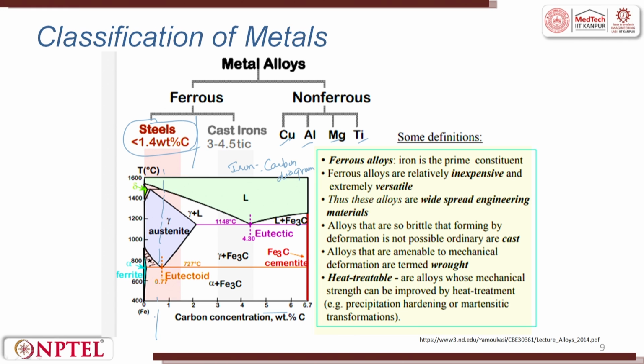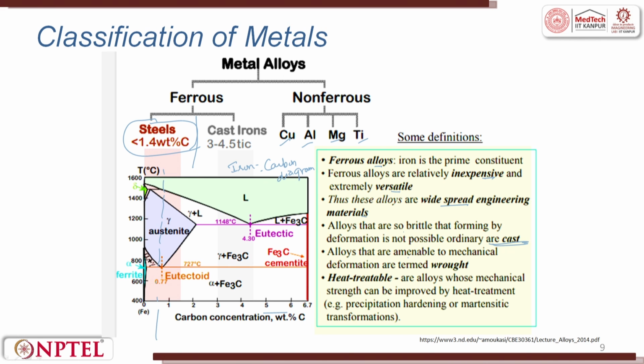So, some of the definitions which we are going through: ferrous alloys are those in which iron is the primary constituent. Ferrous alloys are relatively inexpensive and extremely versatile. Thus, these alloys are widespread engineering materials. Alloys that are so brittle that forming by deformation is not possible are generally cast.